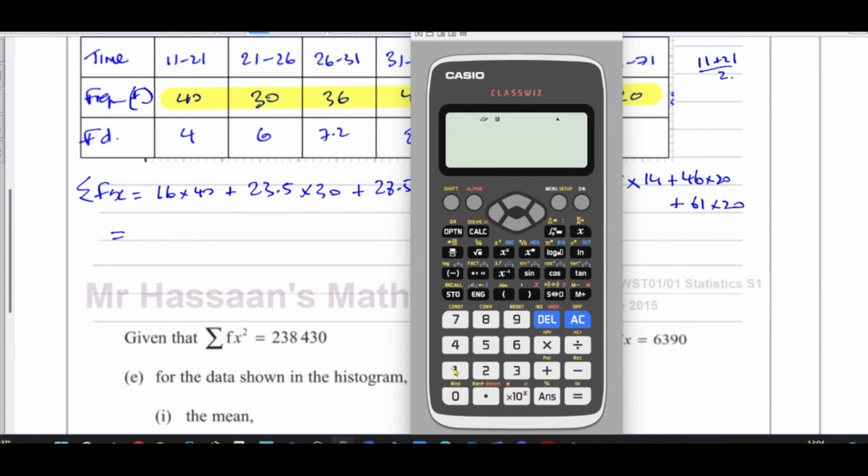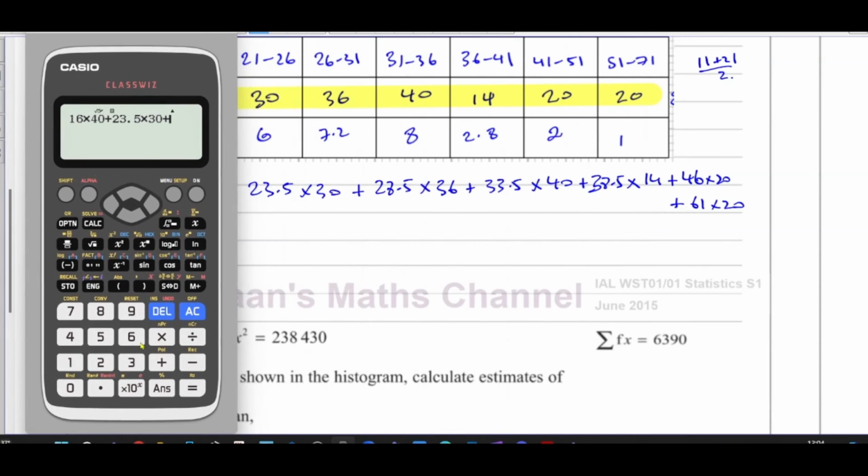So you have 16 times 40 plus 23.5 times 30 plus 28.5 times 36. You have to be very careful not to make a little mistake here, or you'll mess up your whole question.